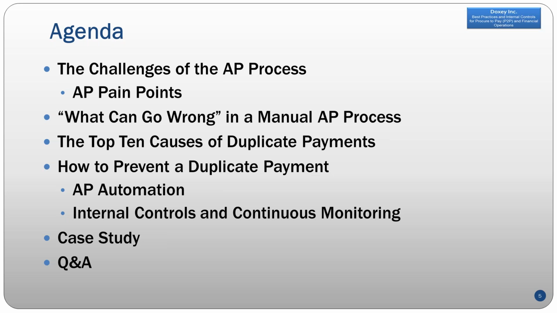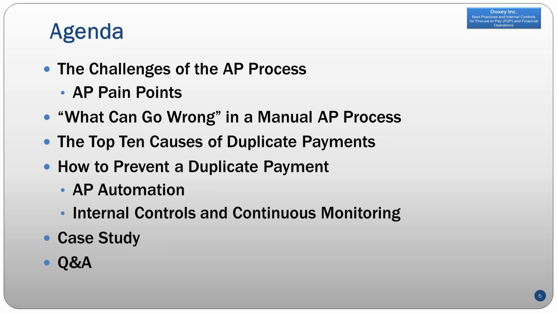If we talk about the pain points, a lot of those are coming from a manual process, and we'll get into the specifics of what can actually go wrong in a manual process. We'll talk about the top 10 causes of duplicate payments, how to actually prevent a duplicate payment, and of course, one of the big areas that we consider for prevention is AP automation.